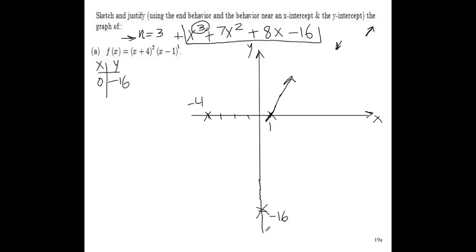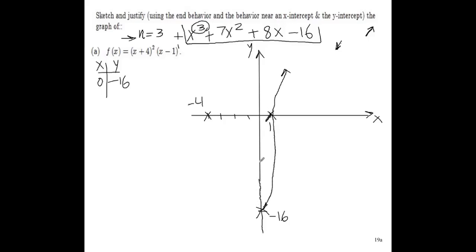So my graph is going to pass through this point here. So far I know that my graph is going to pass through this point and also cross 1, so it would be somewhat like that.